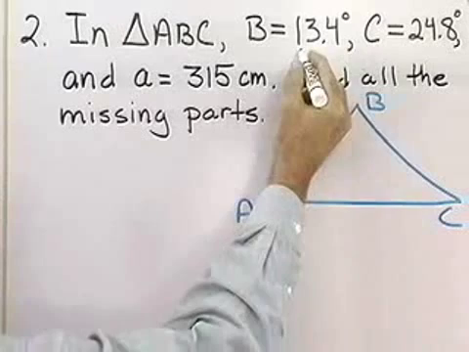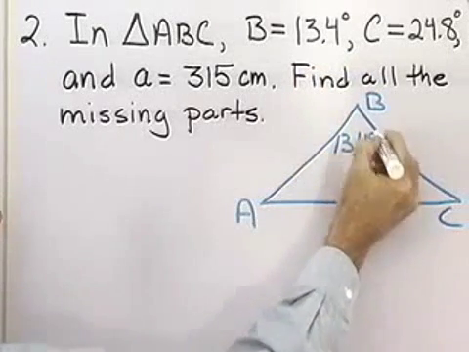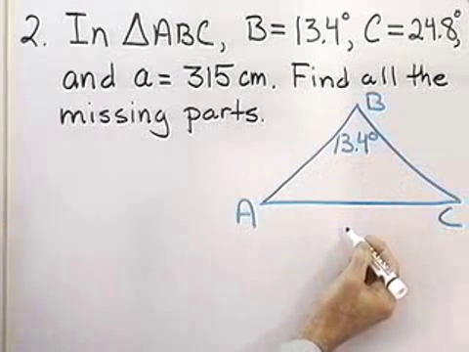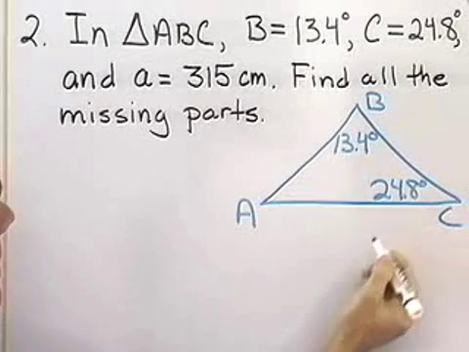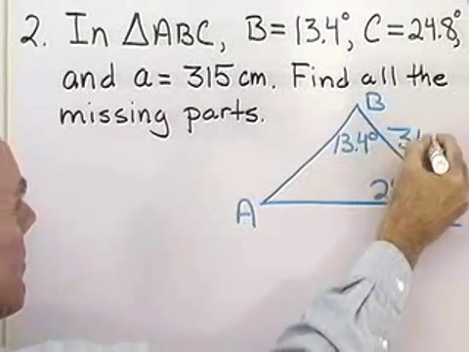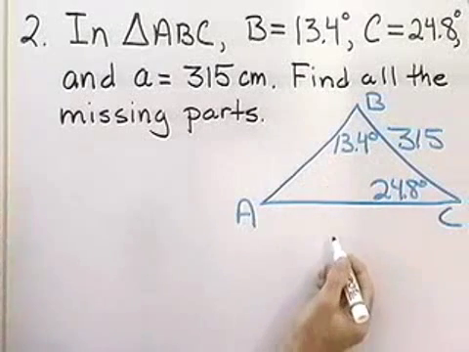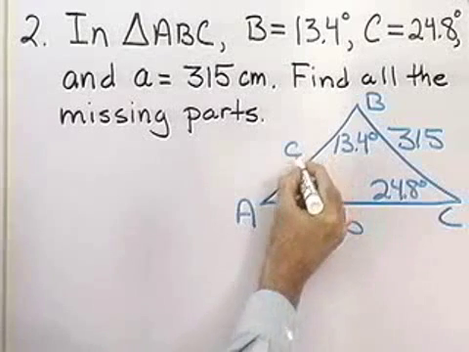Now, angle B is 13.4 degrees, so I'll put 13.4 degrees right here. Angle C is 24.8, so I'll put 24.8 degrees here. And then side a is 315 centimeters, so I'll put 315 right here. So I need to find angle A, side b, and side c.